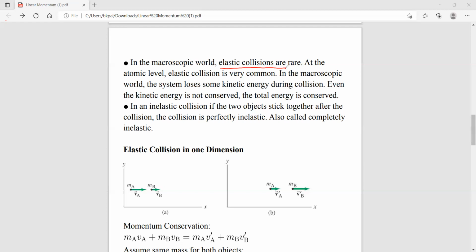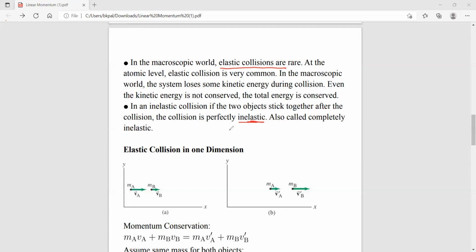And another thing I want to tell you is there is some kind of inelastic collision where after the collision, object A and object B stick together.